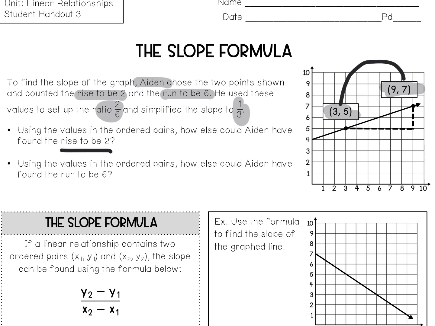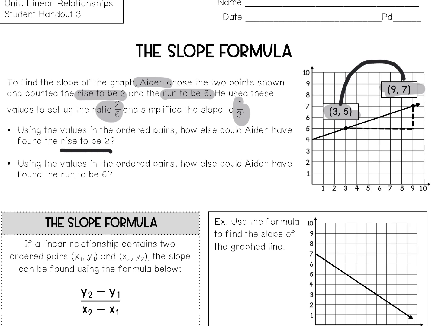What values could give me a value of 2? Which values from the ordered pairs could give me a rise of 2?